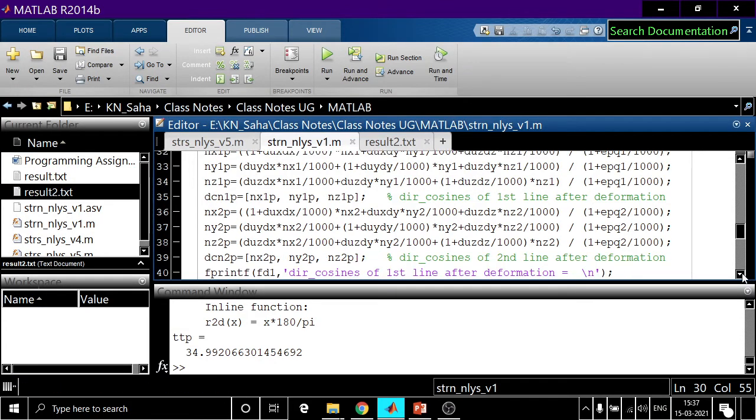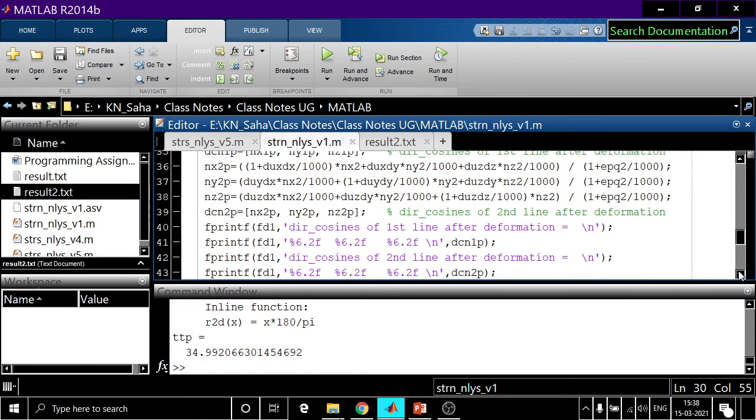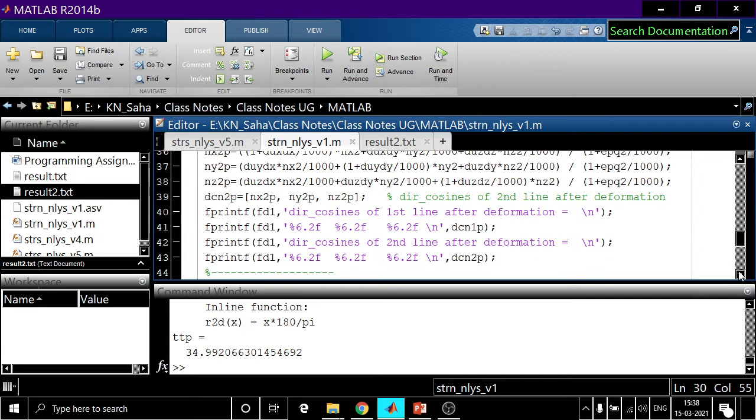Now, we obtain this dCn2 primed, the direction cosines of the second line after deformation, and then we will calculate the angle between these two deformed lines. We already had a subroutine for that, and that is what we did.